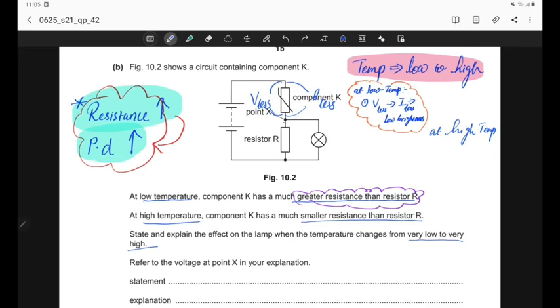Therefore, the voltage across resistor R will be more, so that the voltage across the lamp will also be more. As resistor R and the lamp are connected in parallel, the voltage across both will be the same. So here we can see at high temperature, the voltage will be more across the lamp, so the current will be more, so the lamp glows.